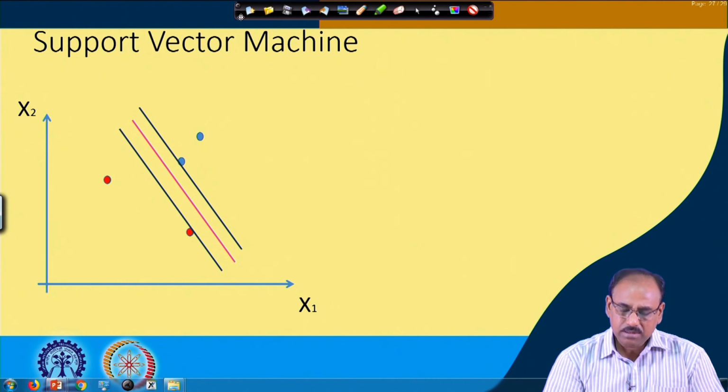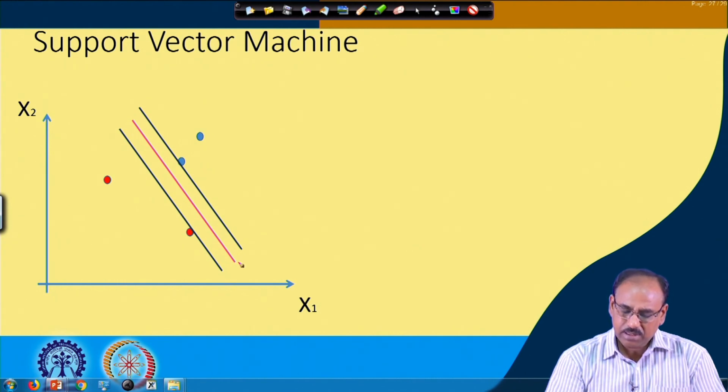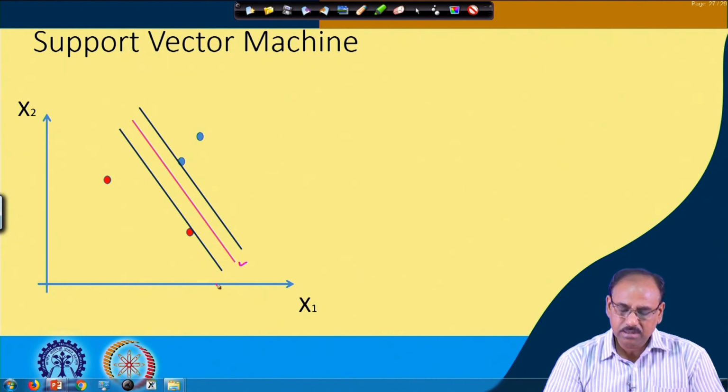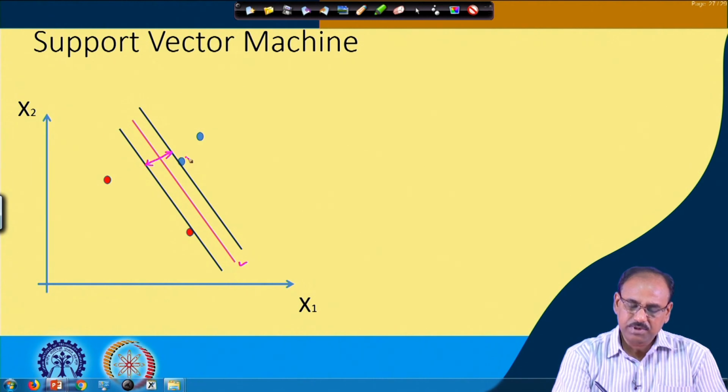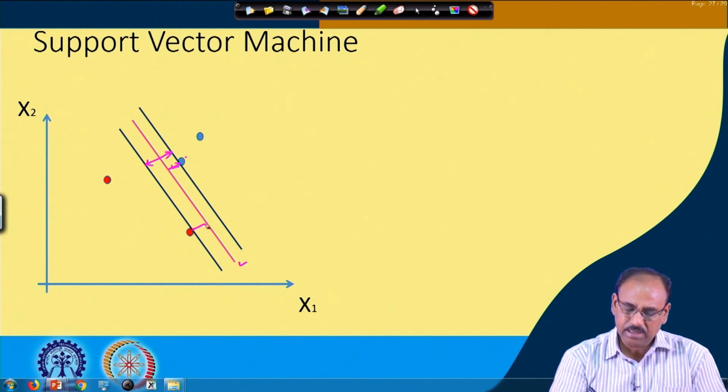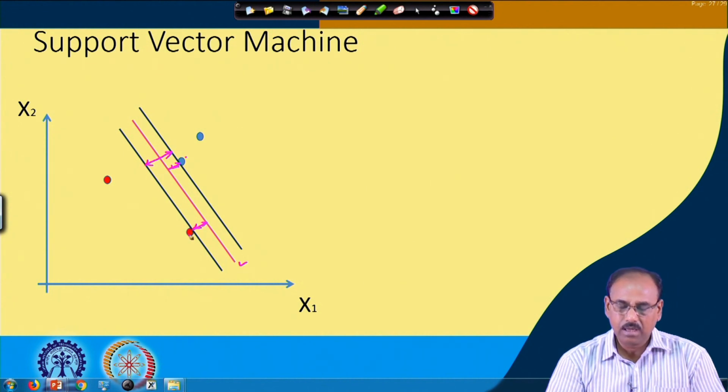Now, if I take the separating plane to be this, my margin of classification is given by this much. That means the confidence level of this feature vector being classified correctly is this, and the confidence level of this feature vector being correctly classified is given by this.